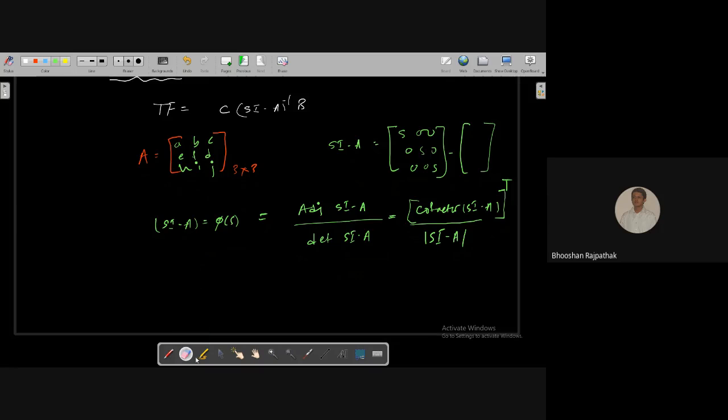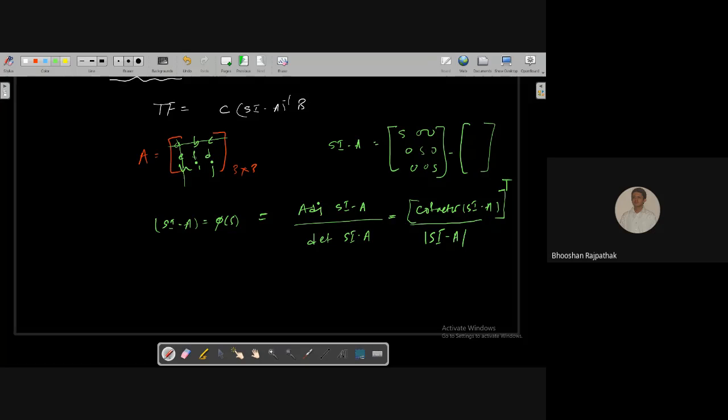So how do you find the cofactor? If you want to find the cofactor of this element, then this particular column and this row you will delete, and this small matrix, its determinant you will find. That will be the cofactor.